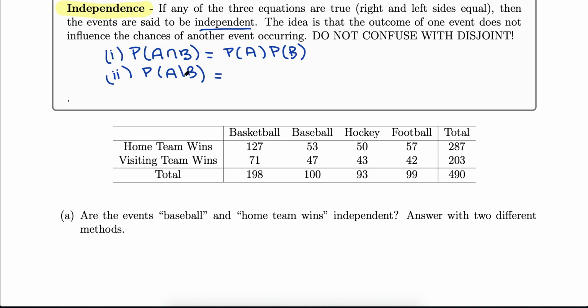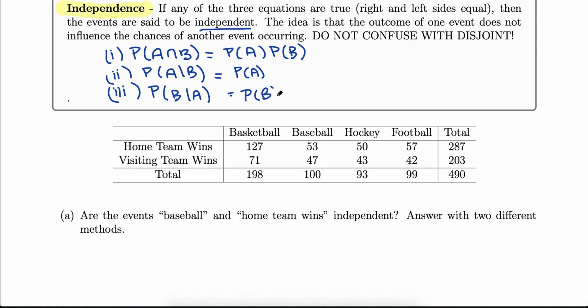Now, if A is not influenced at all by B, then A given B is going to be the same thing as A. It's like saying that given or extra information about B makes no difference at all, doesn't influence anything. So A given B is the same thing as A. And then the third option, as I mentioned, is essentially the same as the second. Switch it around, B given A. If A and B don't influence each other, then that given information makes no difference.